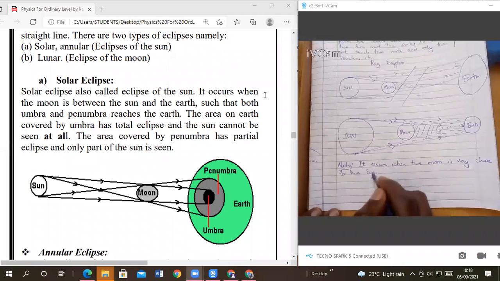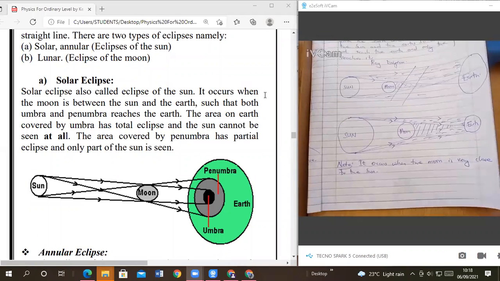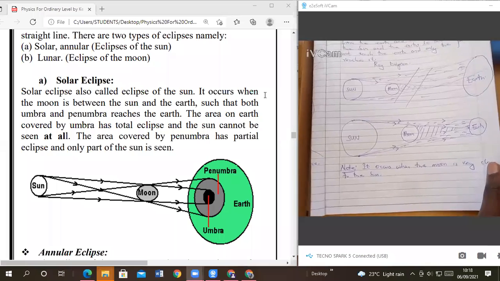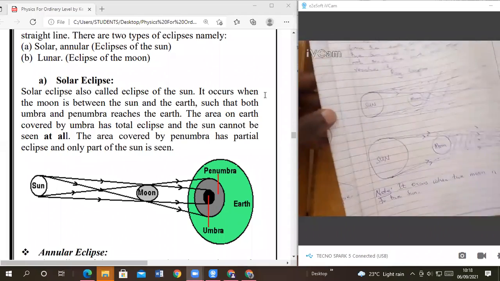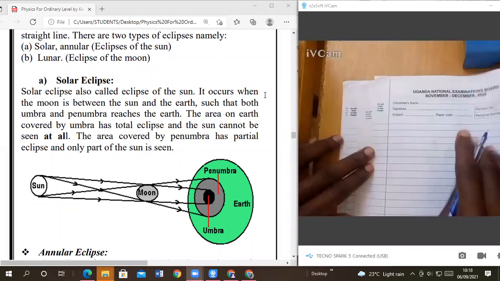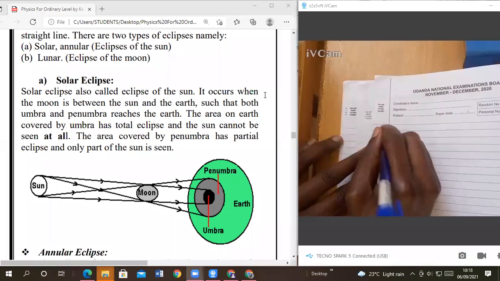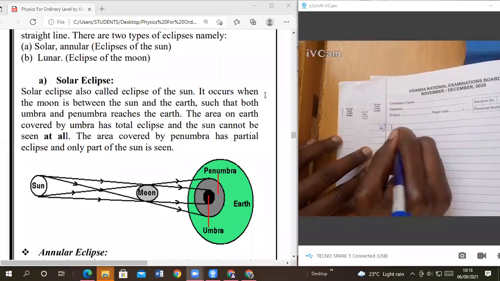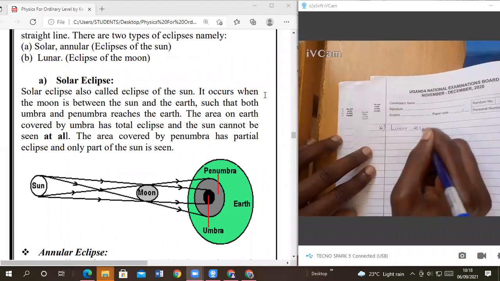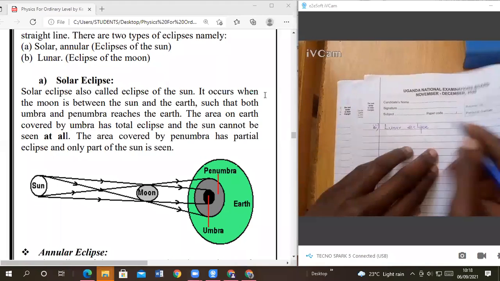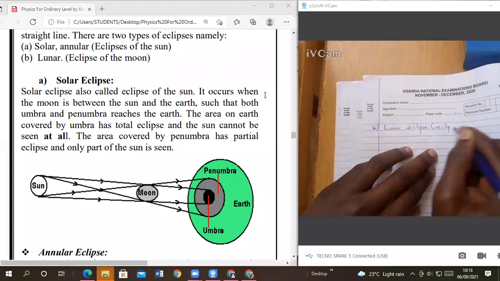Okay? Just like that. Then the third one, let's look at the third one, which we call the lunar eclipse. The lunar eclipse, which we refer to as the eclipse of the moon.